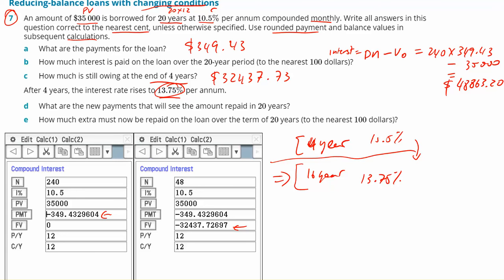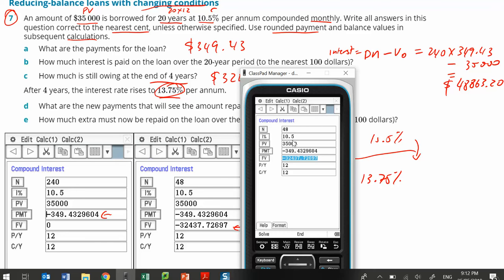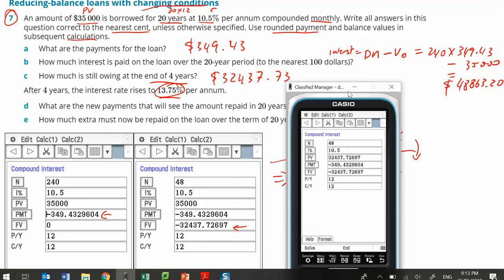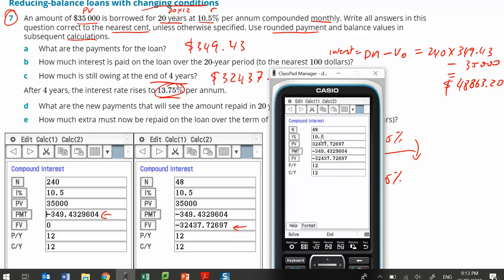So you move the FV from here to the PV up there, and it's going to be positive. Why? Because it's like you're taking a new loan, and whenever you take a new loan, you get money. It's assuming you're getting $32,437.73.